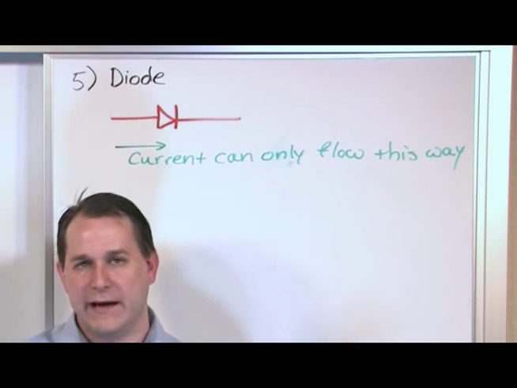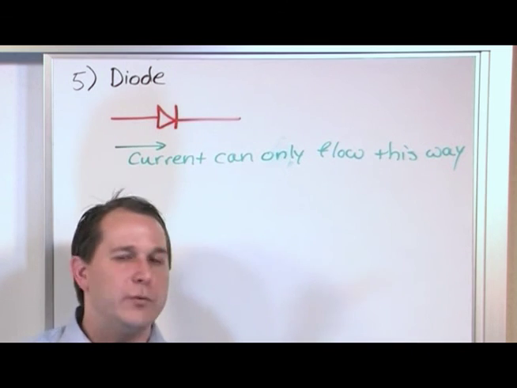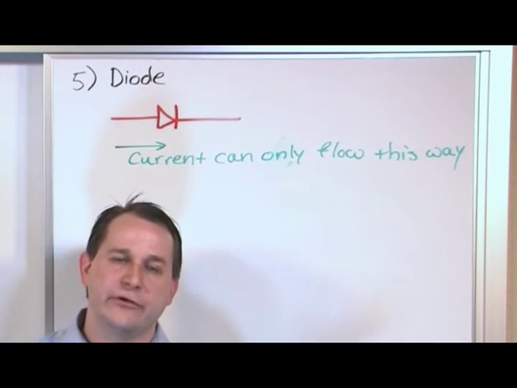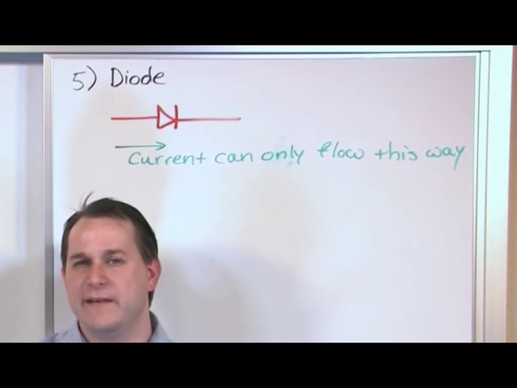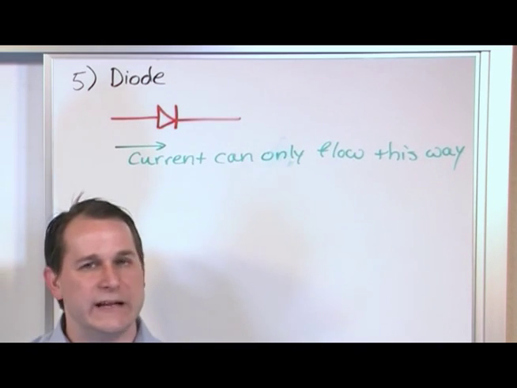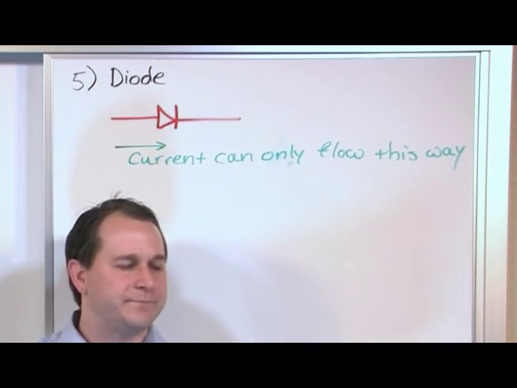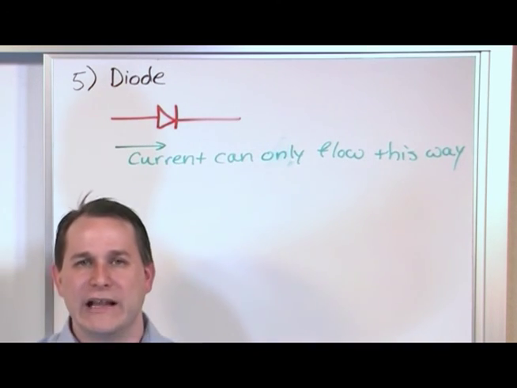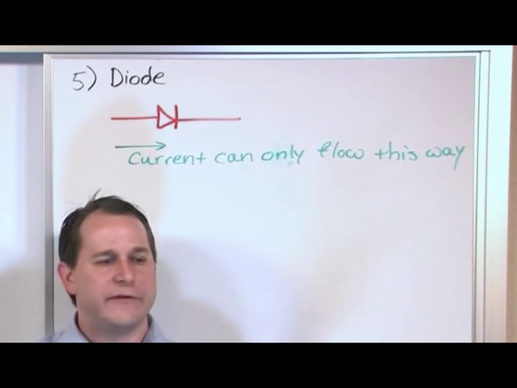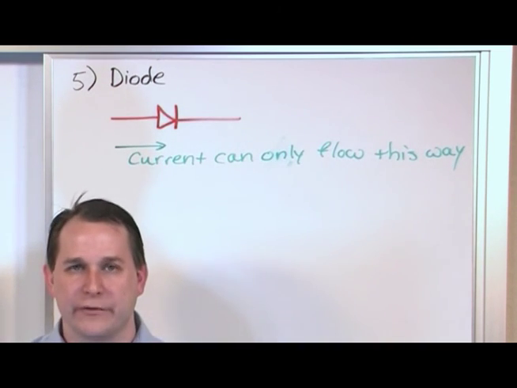There's tons of applications for that. I can't really get into them now because you have to draw a big circuit to show you, but even though you may not know the specific applications, I think you could see the utility of something like this. Think of the hardware store where you might find a valve that only lets your water go one direction. There's lots of reasons you might use that if you're building a sprinkler system, right?